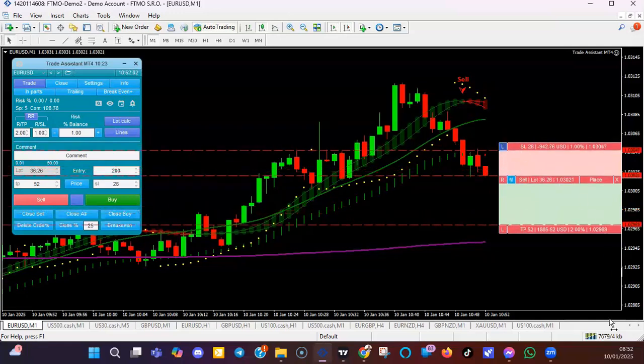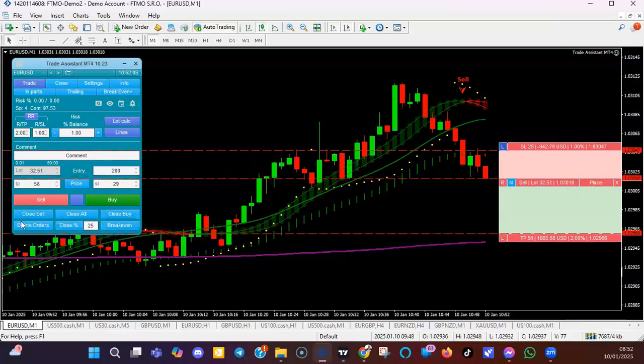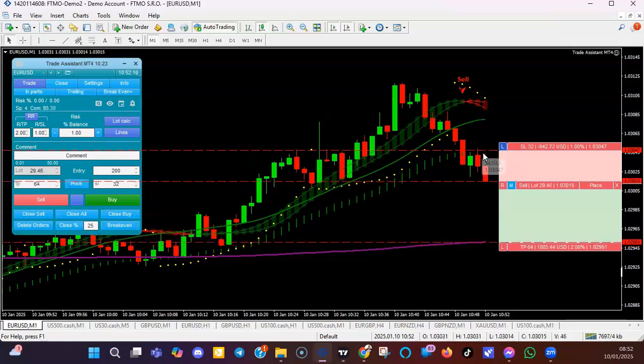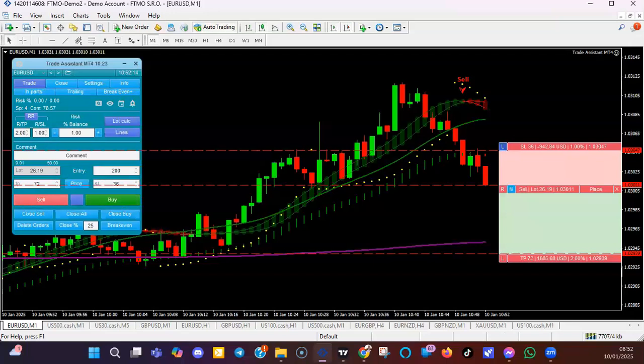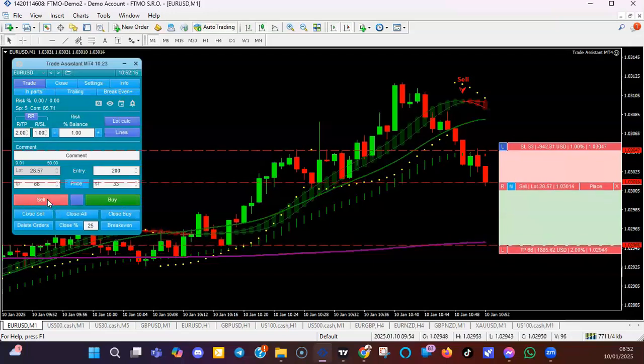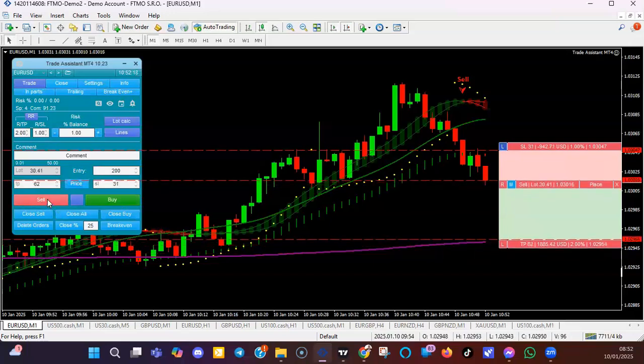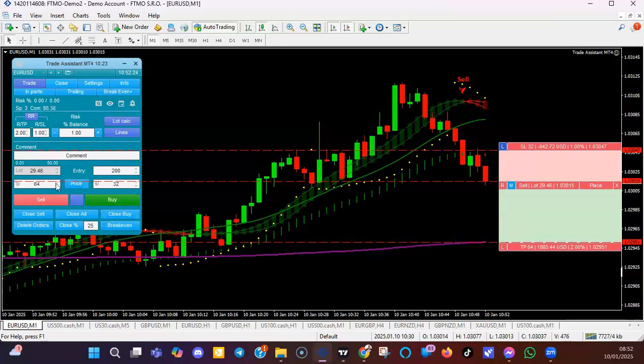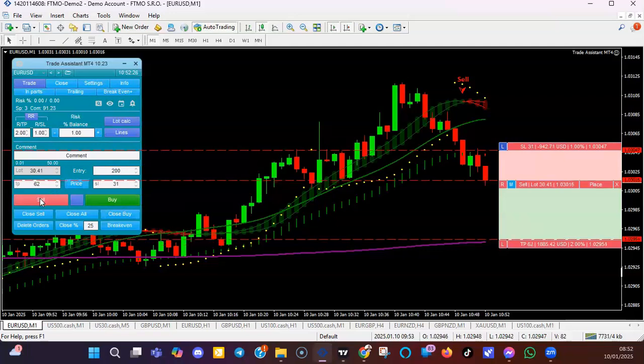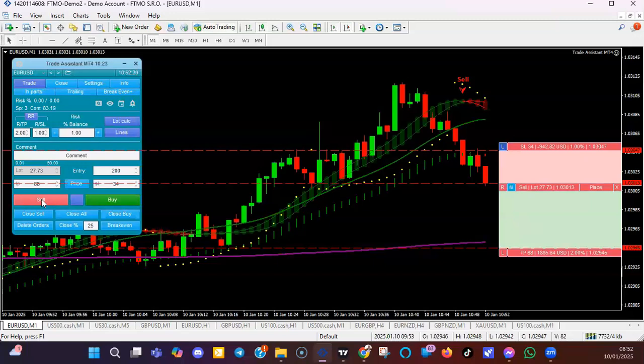I'll try again. That's where I want my stop loss. Got a red volume, red wave. I'm going to give it a bit more because I'm only at 3 pips at the moment. Maybe get below this area here before getting in.